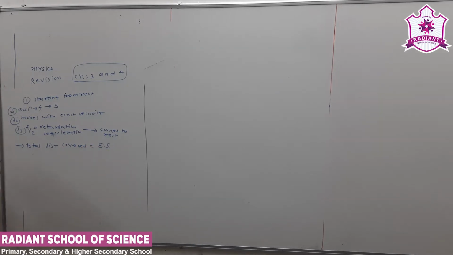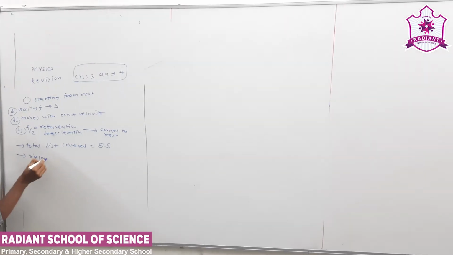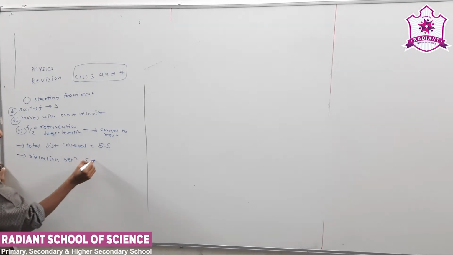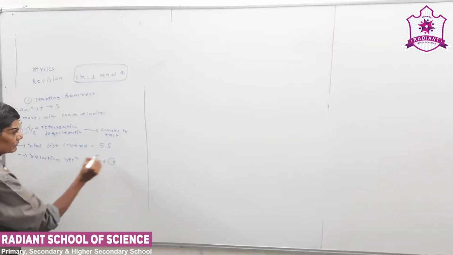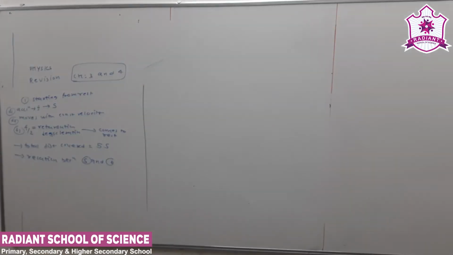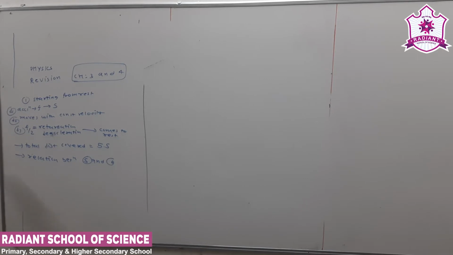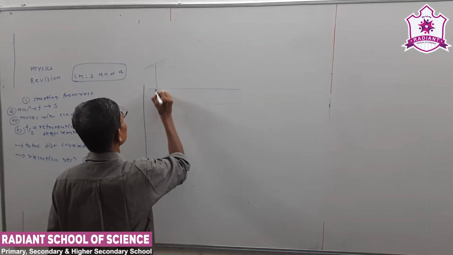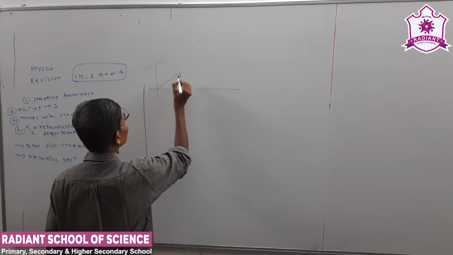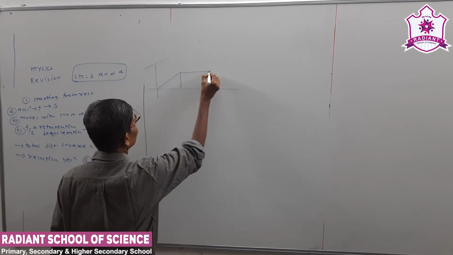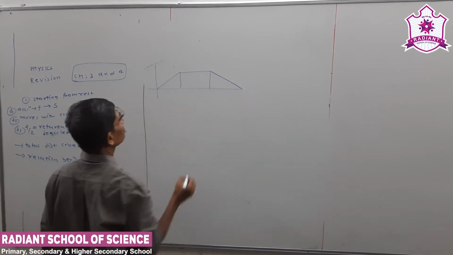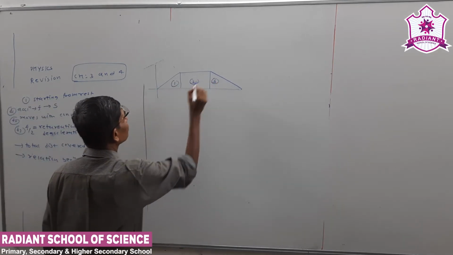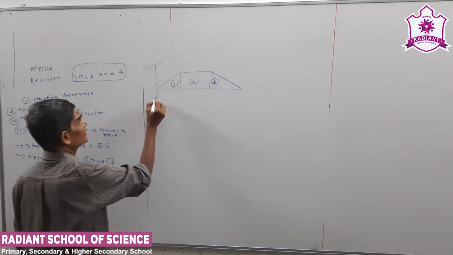We have to find out the relation between s and t. Now we try to plot the graph of this. First it is accelerated motion, then constant velocity, then retarded motion. This is part 1, part 2 and part 3. The total distance is 5s.